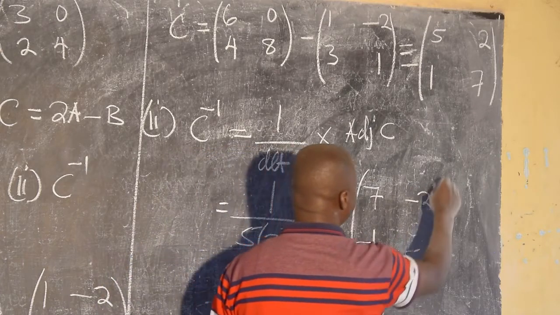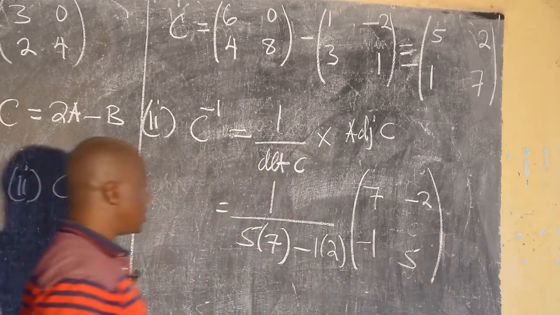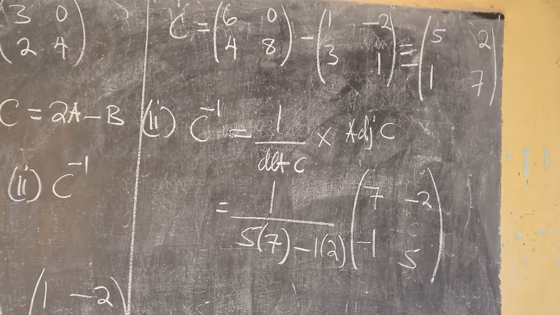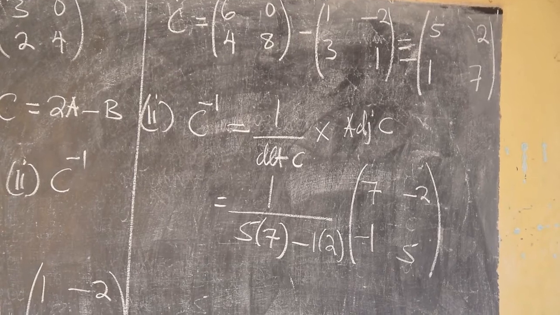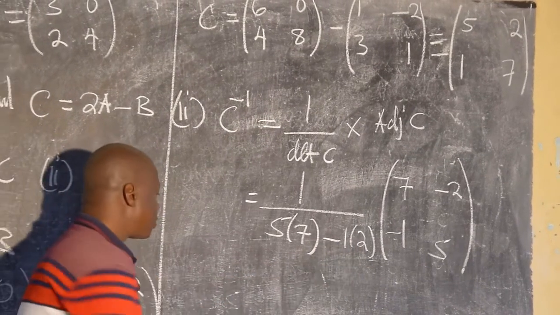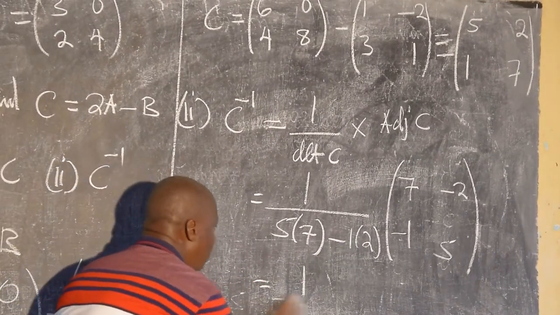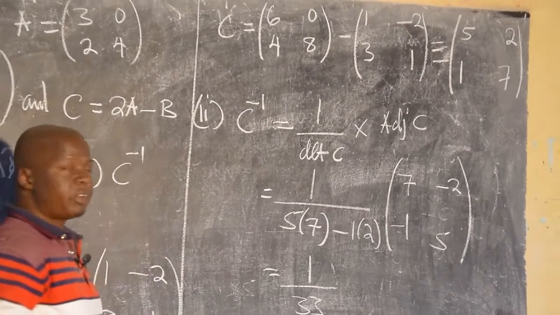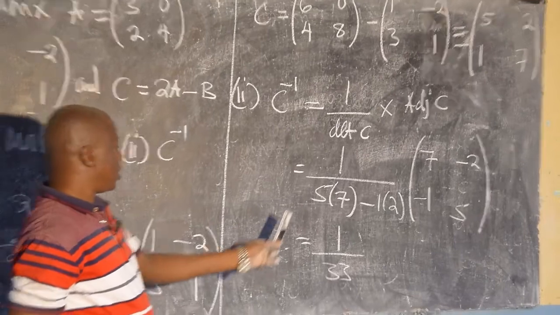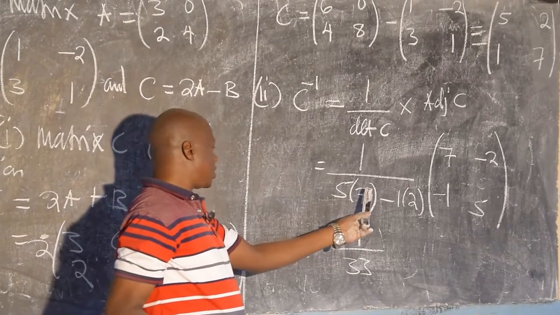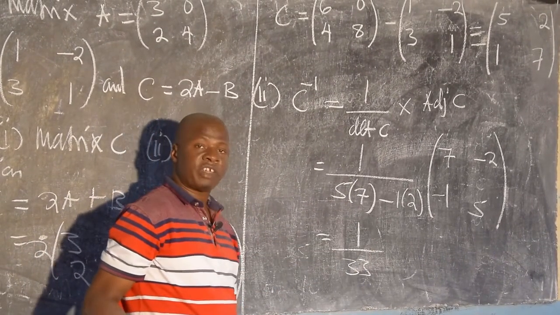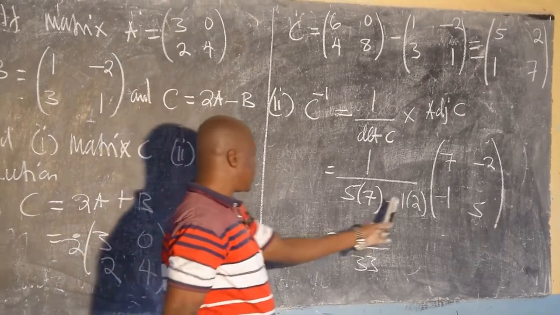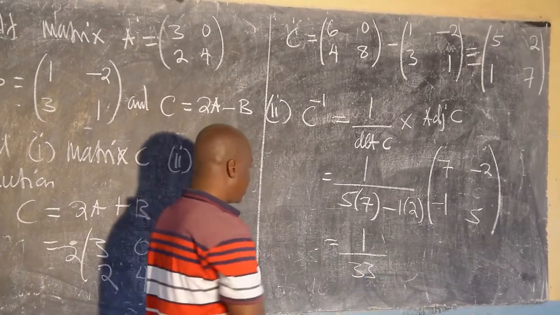This is negative 1, negative 2, like that. When you observe, this is 35 minus 2, it gives 1 over 33. I repeat that. 5 times 7, 35. Minus 2, 33.